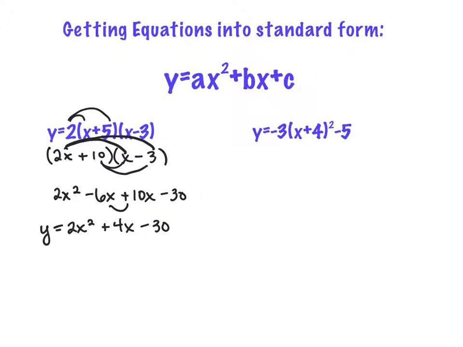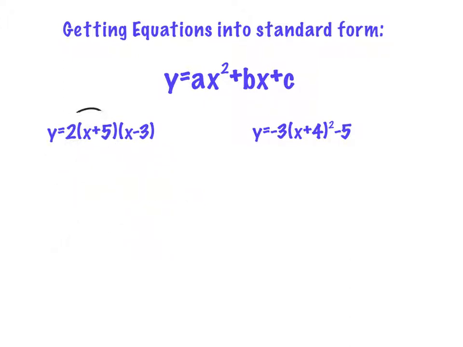I'm also going to show you that box method, the area model. I'll go ahead and distribute that 2 in again. So I've got 2x plus 10 times x minus 3.